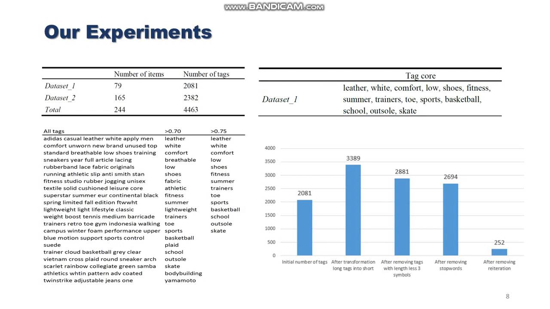On this graph, you can see the number of tags after different stages of our experiments. The initial number of tags is over 2000, and after all stages we receive over 250 tags, so it's very good.